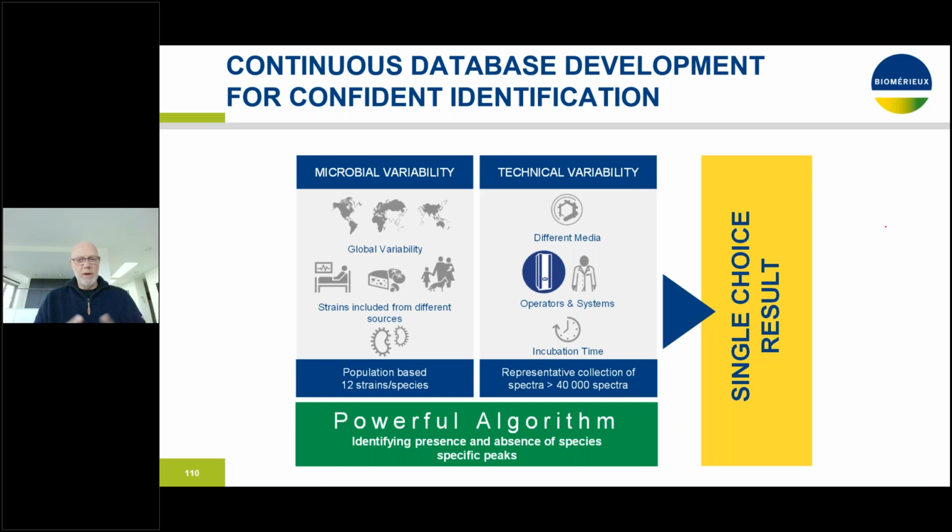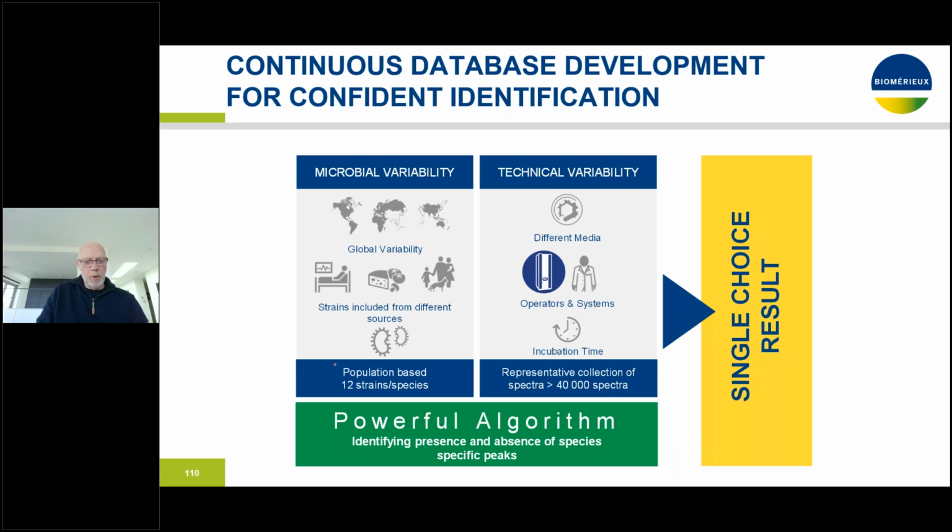So global variability, a global strain collection at the basis of your spectral database, is absolutely essential. Strains included from different sources. Jürgen Rau just talked about the veterinary part and the food part. These types of strains need to be included because they may be phenotypically different, they may show different spectra, but looking at the overall peak complexity, they clearly belong to a certain species.